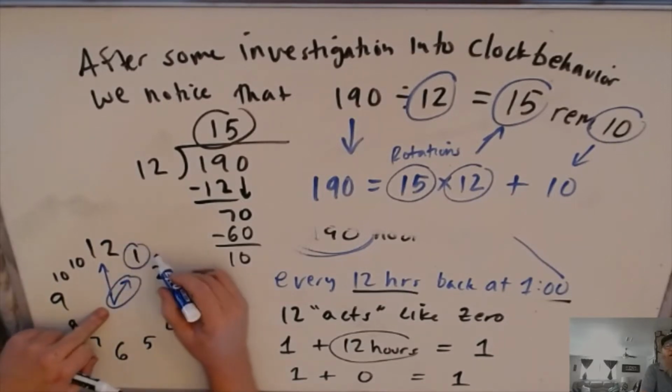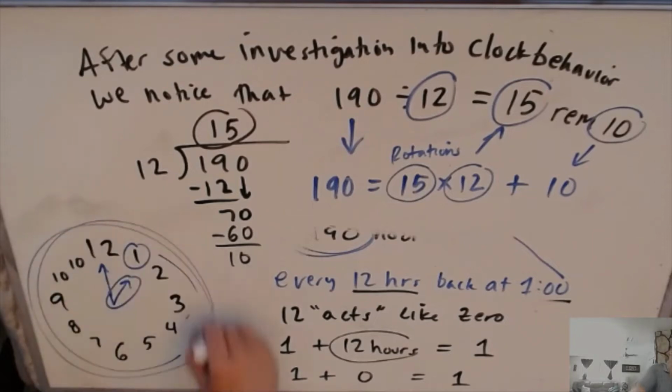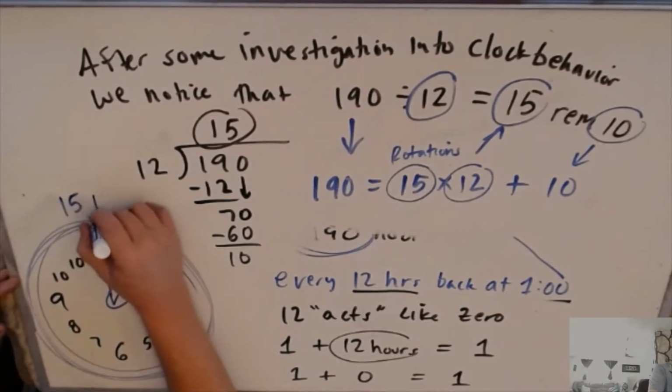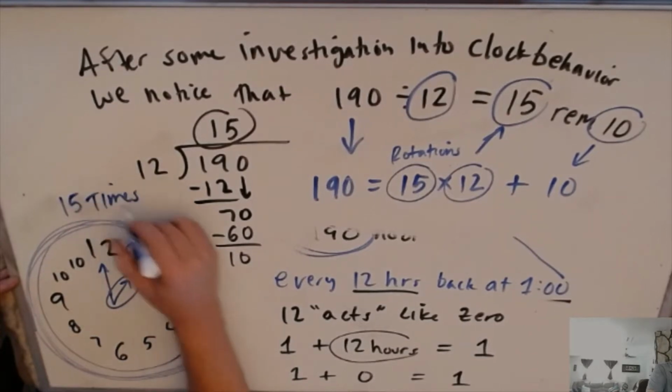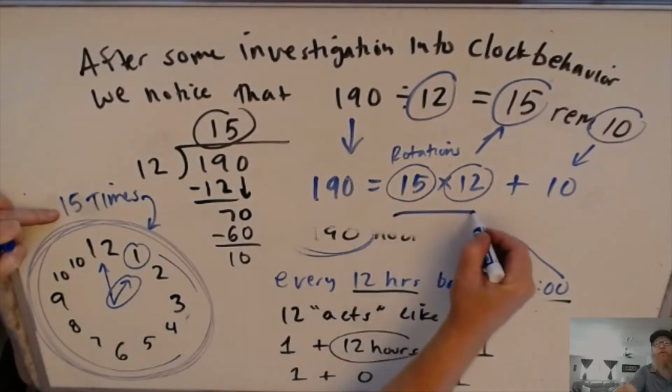The 15 would mean that it would go around and around 15 times, 15 12-hour cycles.